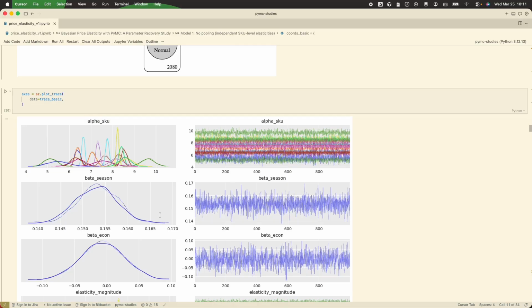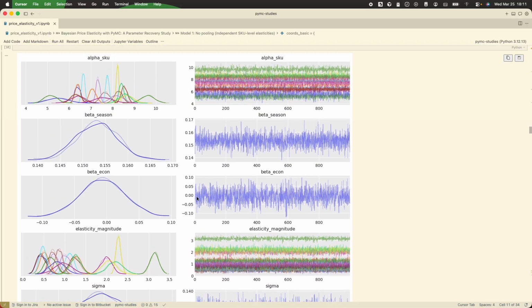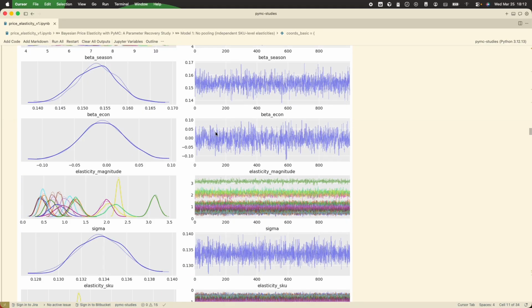We have a quick model diagnostic here. Essentially, what we want here on the right is to see that the values don't have a clear trend. We call it a fat caterpillar. So they just look sort of all over the place around a certain value.